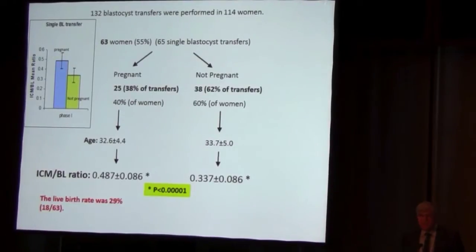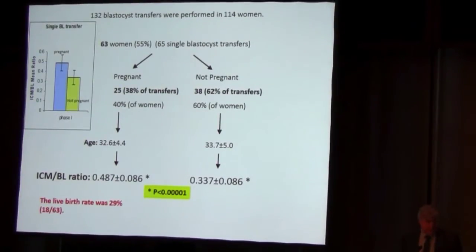So we had 63 women, 65 single blastocyst transfers, with 25 pregnancies, 38% per transfer, 40% of the women, average age 32, and an inner cell mass to blastocyst ratio of 0.487.